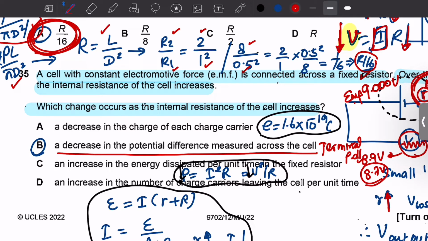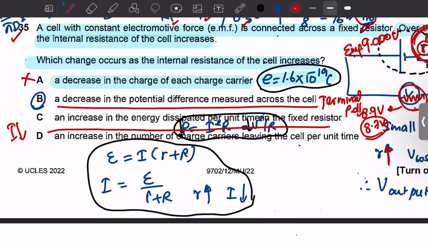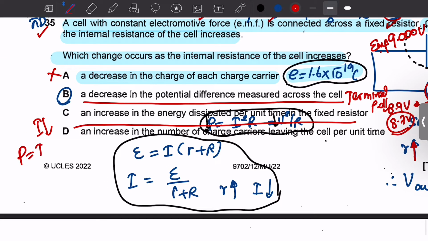Or if you are confused, we can think why this answer A is wrong. A decrease in the charge of each charge carrier. What? Charge carriers are electrons. Charge of an electron is this. It can never change. So this is wrong. An increase in the energy dissipated per unit time in the fixed resistor. If resistance increases, current decreases, and power through this resistor is power equals I squared R. This has to decrease.